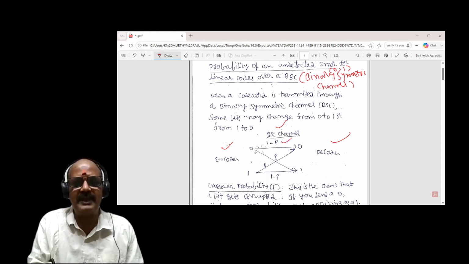Suppose 0 is transmitted, instead of 0, 1 is received with a probability p. Suppose 1 is transmitted, 1 is received with a probability 1 minus p. If 1 is transmitted, instead of 1, 0 is received. That is, the bit is flipped from 1 to 0 with a probability p. This is the error.